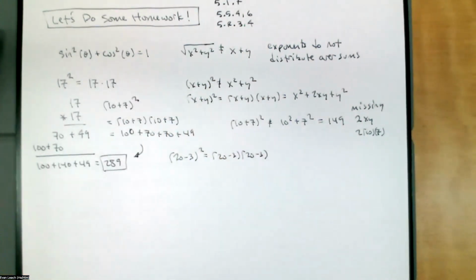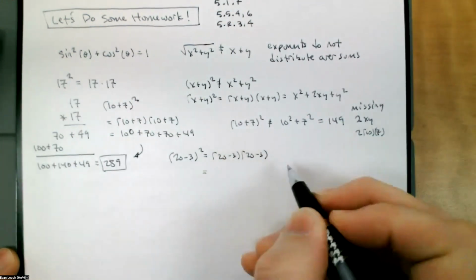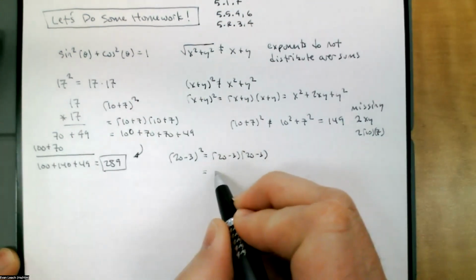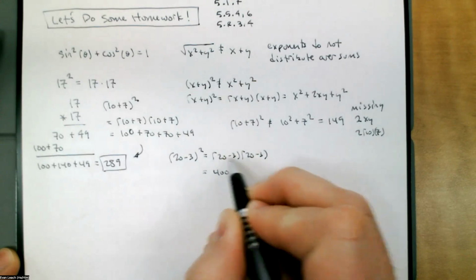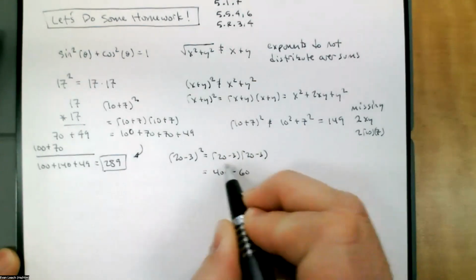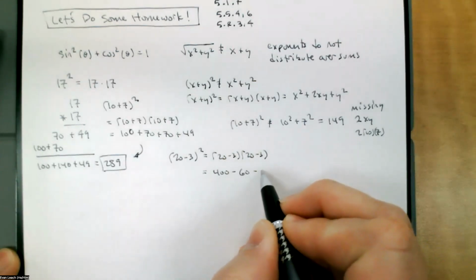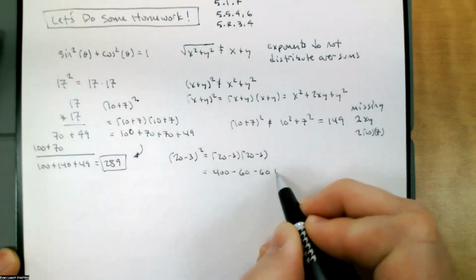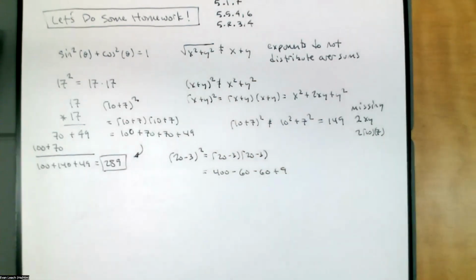I could think of 17 as 20 minus 3 if we allow a little bit more liberal application of what can be a digit. And here we just start counting down from 400. So 20 times 20 is 400. 20 times 3 is 60, minus another 20 times 3, which is another 60, plus 9. So here we have 409 minus the 120, which is 289.